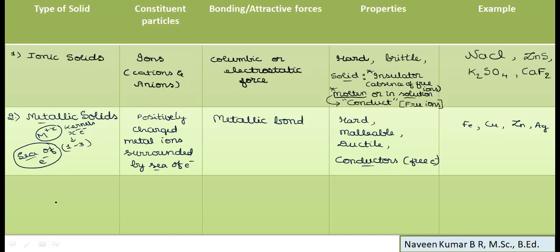Now we'll move on to the third type of crystalline solid. The third type is covalent solids, or we can also call them network solids. Here, considering the constituent particles, covalent or network solids have atoms as their constituent particles.